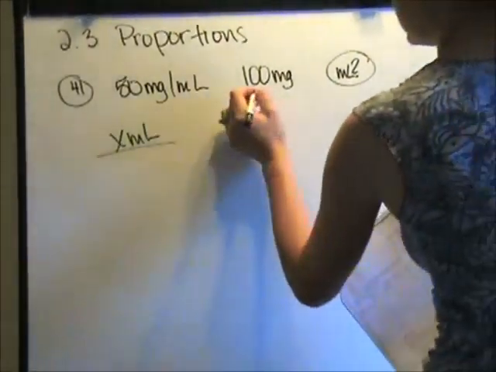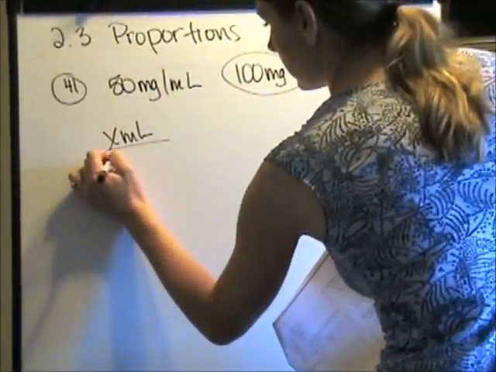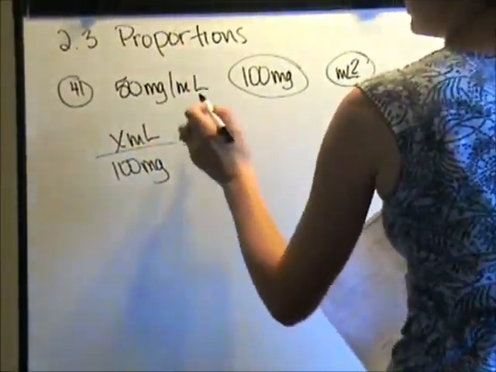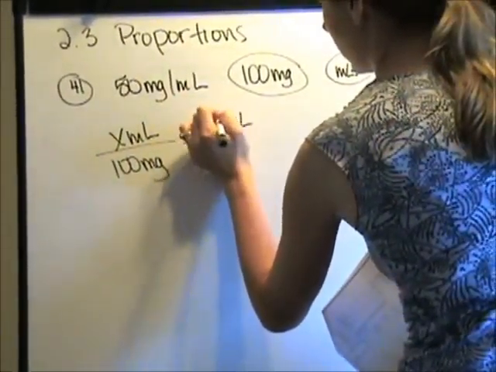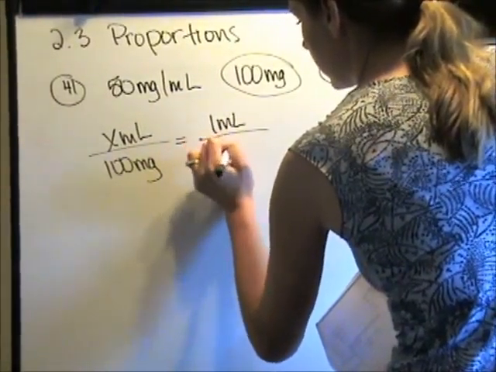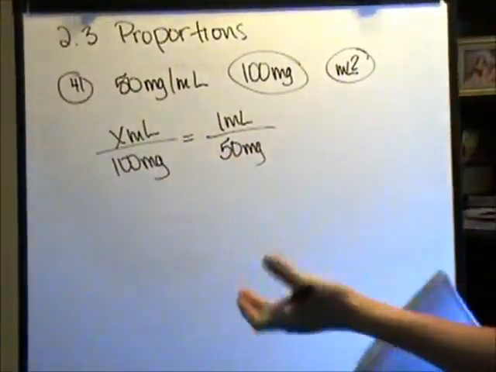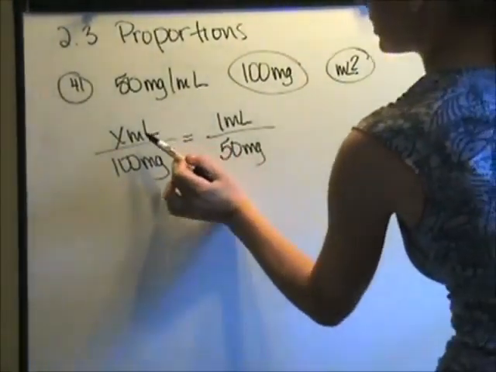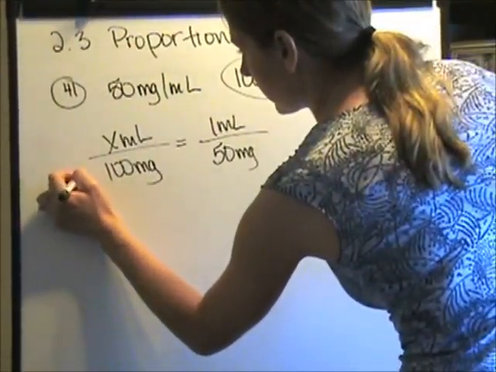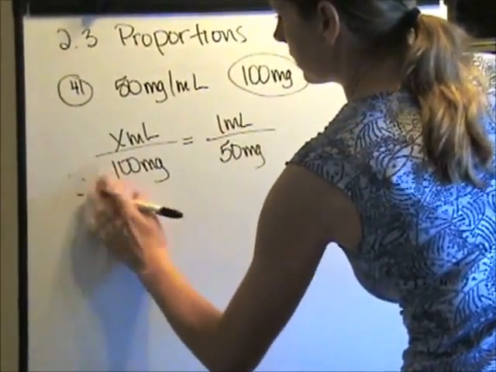So we know that the desired dose is 100. That's going to go on the bottom, and that's milligrams. And milliliters, and that's 1. It just says milliliters. That's 1 is implied. You can write it if you like. So checking to make sure we have our proportion set up. Are our units of measure the same? Yes, they are. So we want to go ahead and multiply by 100. Whoops, that should be on the top.